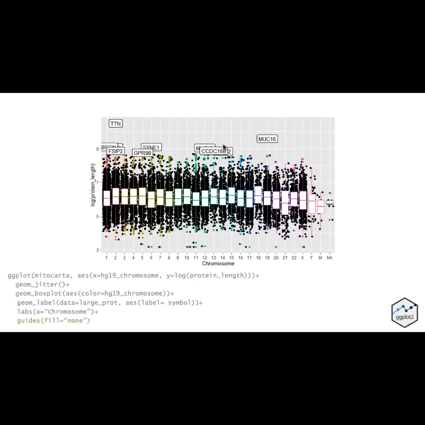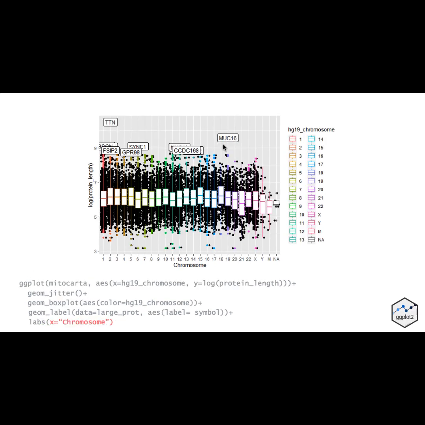So we have this plot with these beautiful colors on it. We've changed our X label. But this is a case where a legend isn't necessarily useful, right? So all of these chromosomes have a different color. That's fairly obvious just looking at it.